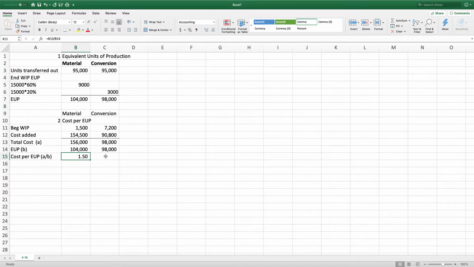I got $1.50. Do the same thing with conversion costs. Total cost with respect to conversion is 98,000 divided by the equivalent units of production with respect to conversion costs, 98,000. It gives me $1.